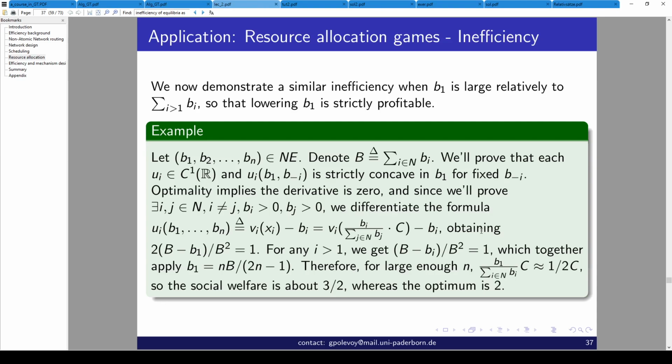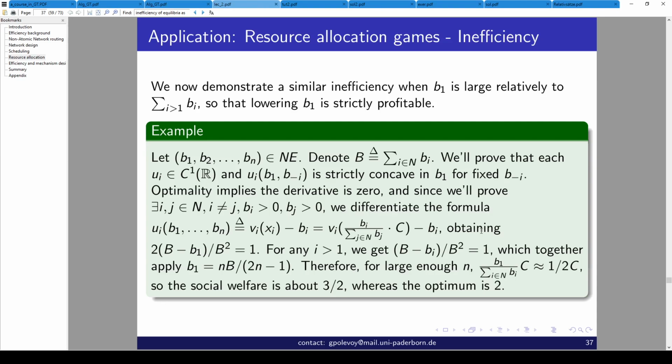Indeed, in the general case, it will strictly lower the share of that player and therefore the value, but it will not lower it as much as the payment has decreased. Therefore, it will be profitable at every optimum profile, so no optimum profile will be an equilibrium.